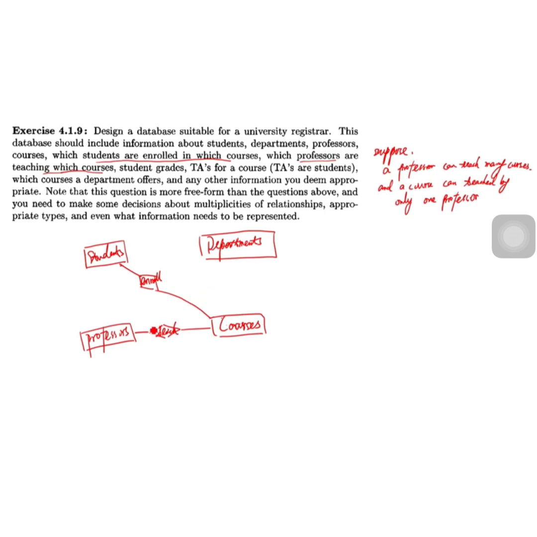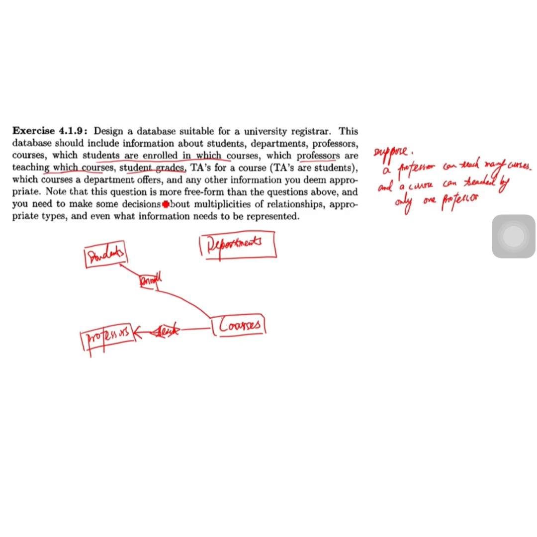Then a professor can teach many, so the multiplicity of this way is many. A course can be taught by only one professor, so the multiplicity of this side is 1.